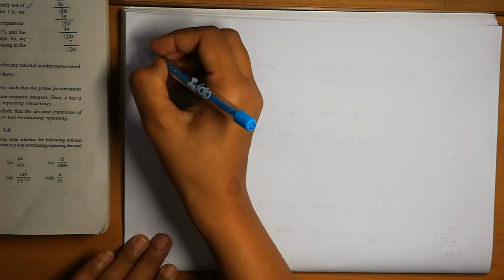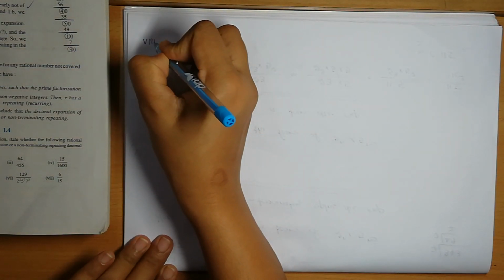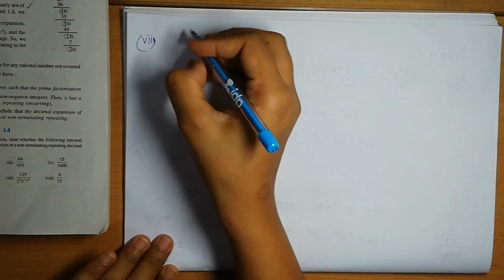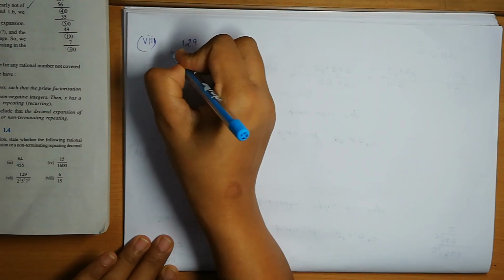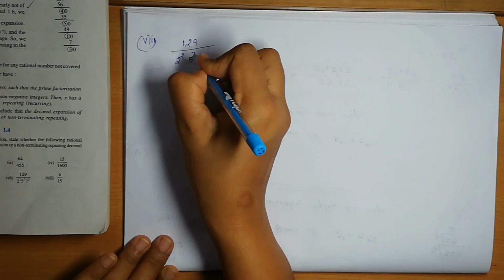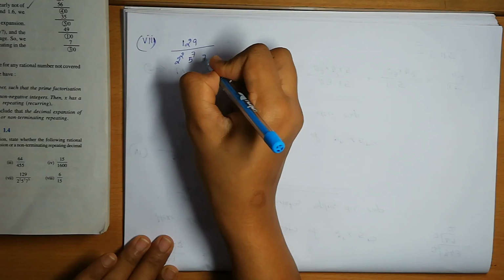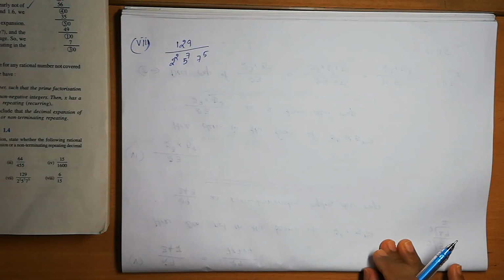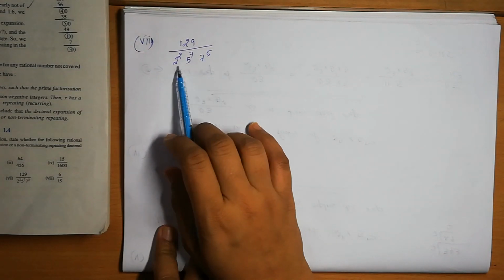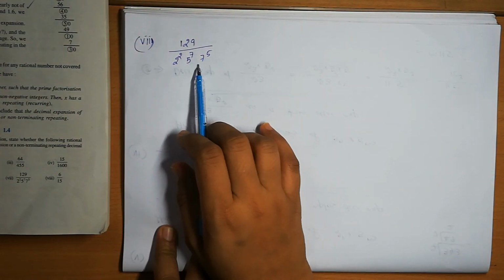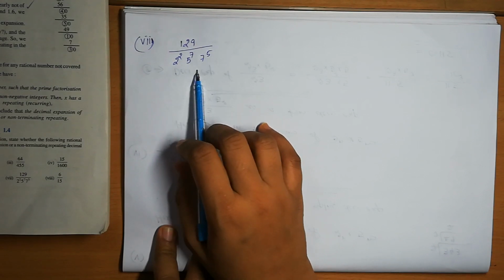Seventh one, 129 divided by 2 square into 5 power 7 into 7 power 5. So here also we can see that the denominator is not in the form of 2 raised to n into 5 raised to m. Why? Here an extra 7 power 5 is there, correct?